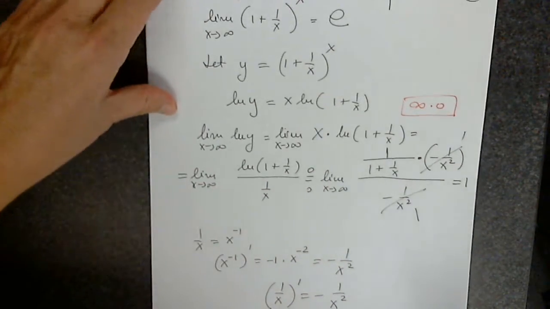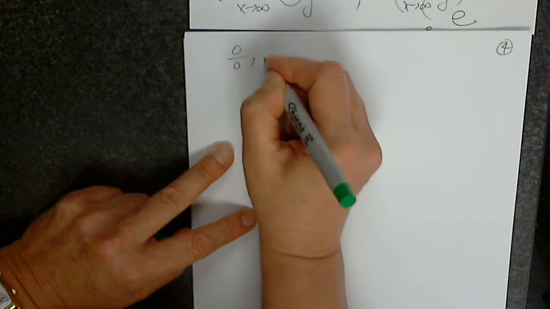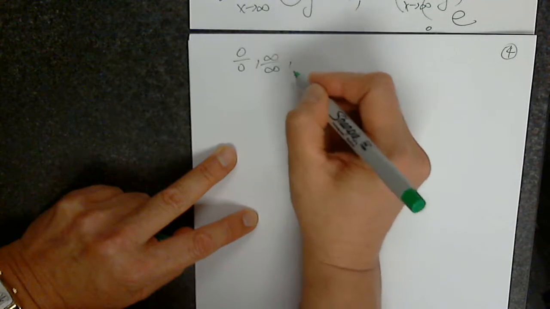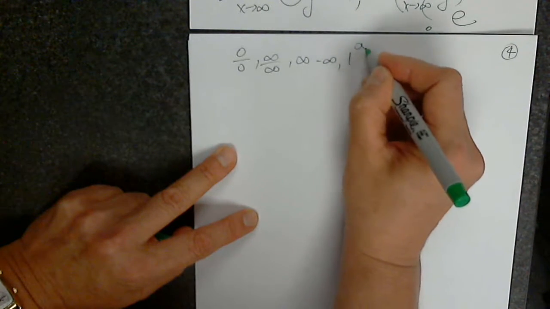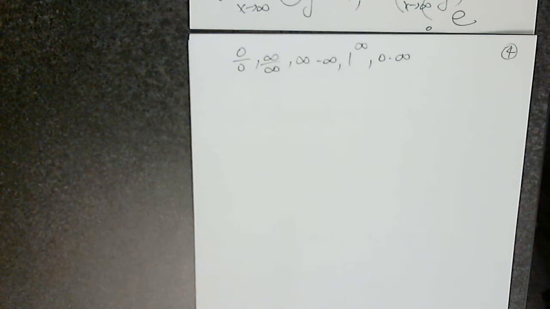So one more time, the indeterminate cases that we already looked at: 0 over 0, infinity over infinity, infinity minus infinity, 1 to infinity, and 0 times infinity. For now. How many are there?